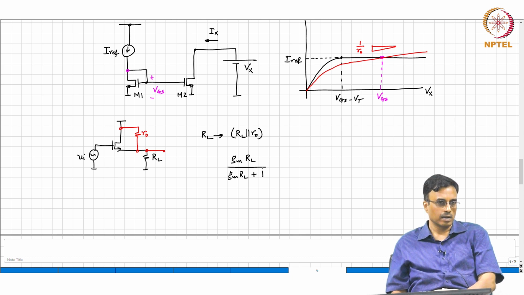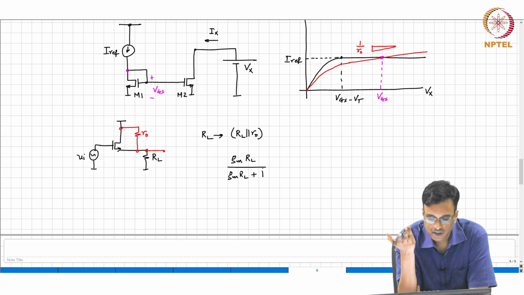So as long as R naught is much larger than RL, you will find that GM RL was a large number, it remains a large number. So the incremental gain remains largely the same. Okay, so it's benign.